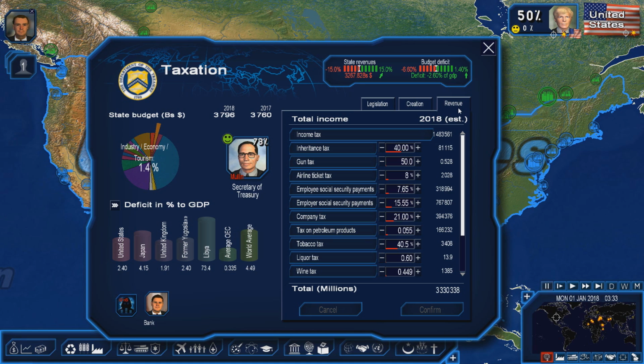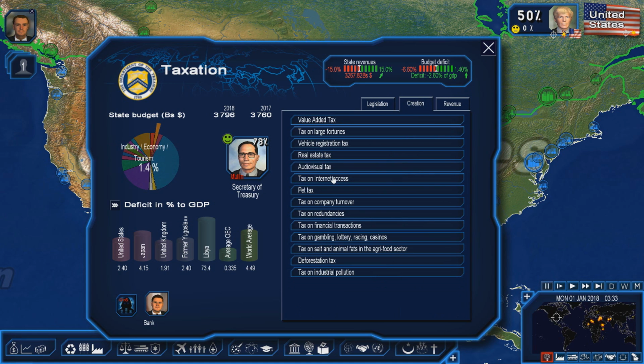Two of the most important taxes are income tax and a value-added tax. The United States does not have a federal value-added tax. However, you can create one. With a 2.6% budget deficit, this is the easiest way to get out of a deficit. It creates about a 1 to 2%, maybe 3% surplus.